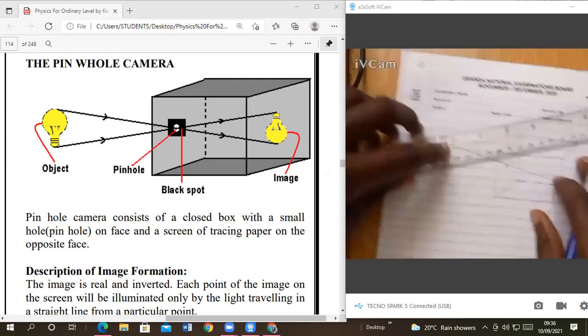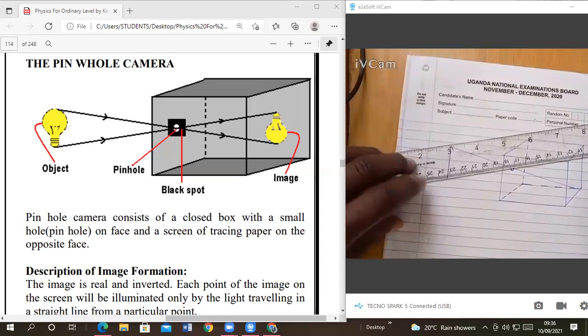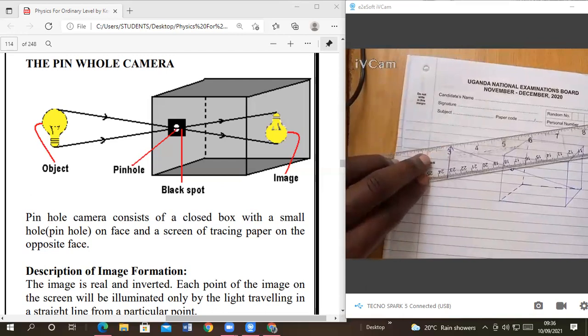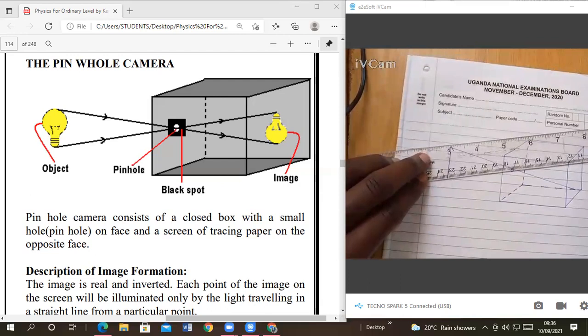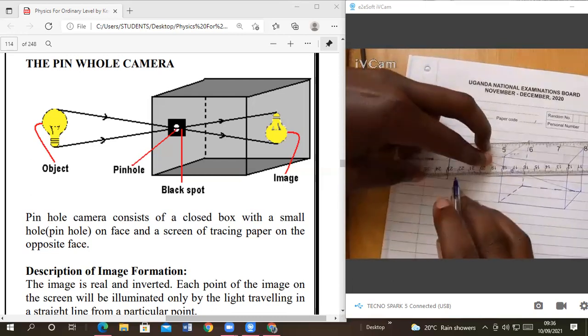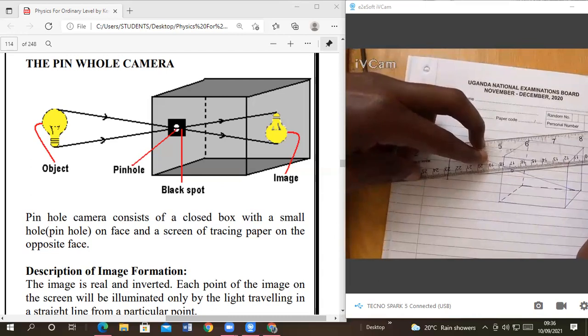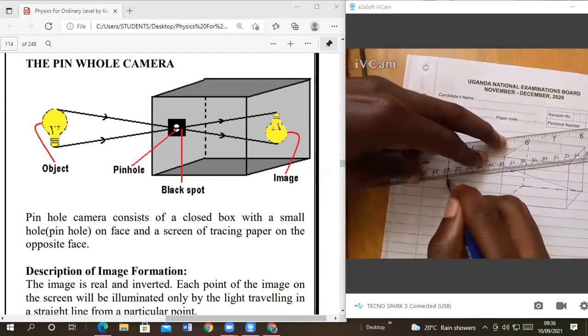Then also there are very many rays passing by, but we are taking only these two, from the top and the bottom. Sorry, top and bottom. I want to draw a good one. So there we are.